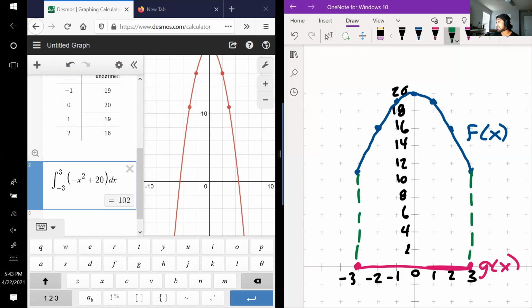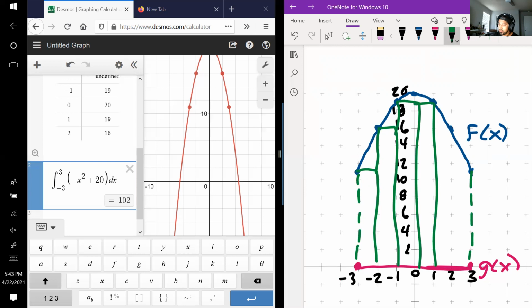So underneath this curve, I can make multiple rectangles. And believe it or not, if you found the area of all these rectangles, it would approximately be what we found, 102.